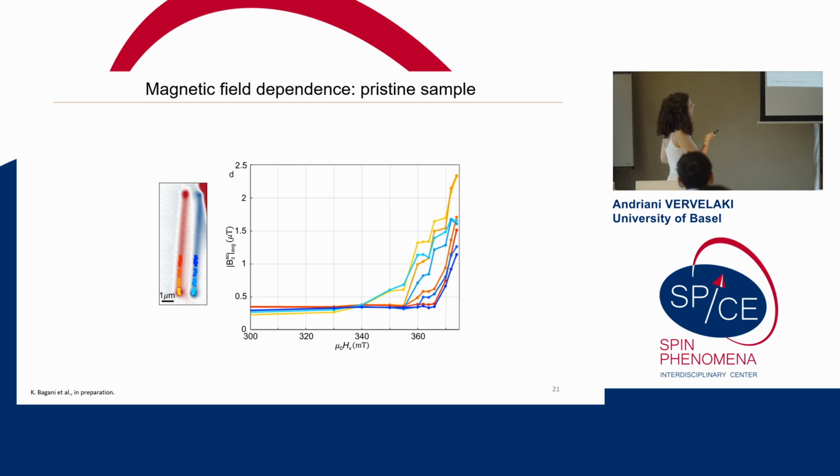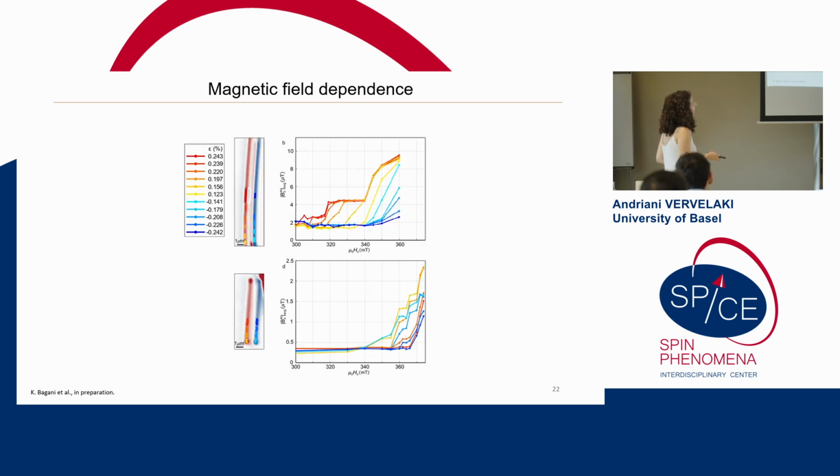However, as we saw before, we see a trend of increasing switching field coming from the edge of the flake and going towards the middle. Comparing the two behaviors overall, we see that the switching starts earlier on the strained flake because of the tensile strain that decreases the switching field, and also we have fewer inhomogeneities on the pristine flake.